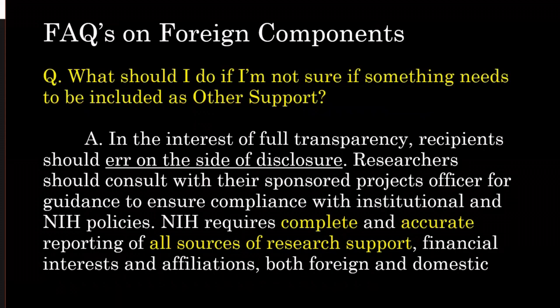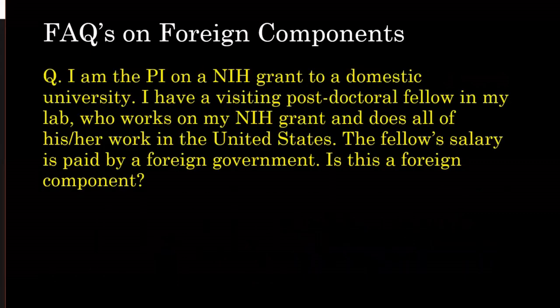We need to let them know, plus update the other support in Biosketches and RPPRs. Researchers should consult with their sponsored projects officer for guidance to ensure compliance with institutional and NIH policies. NIH requires complete and accurate reporting of all sources of research support, financial interests and affiliations, both foreign and domestic.